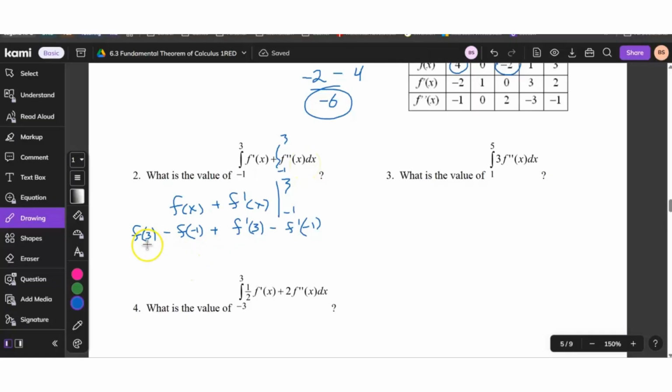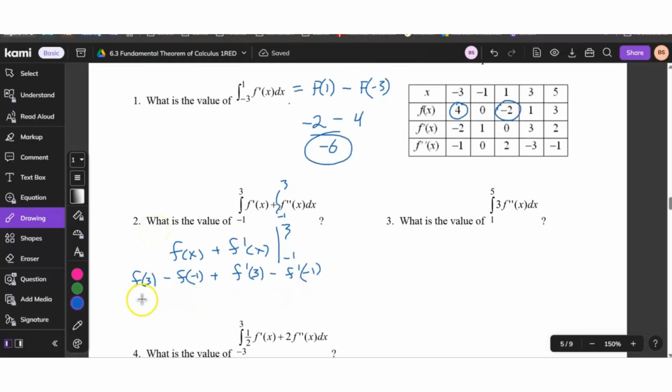All right, f of 3, when I go look at my chart, is going to be 1. F of negative 1 is 0. So minus 0. F prime, hang on. I'm feeling like I did that wrong now. Hang on. F prime of 3.